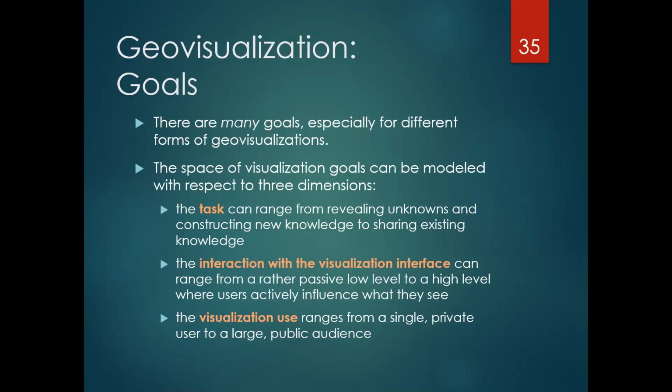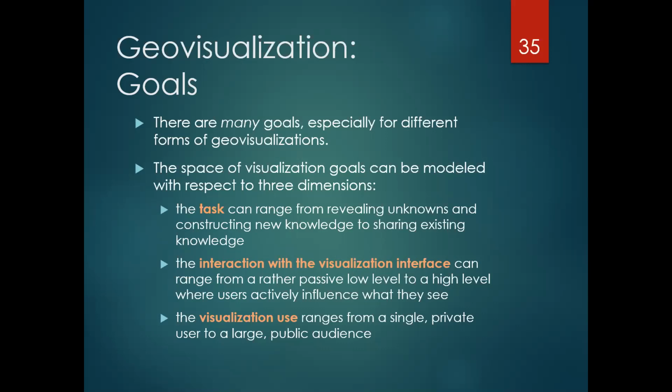The third dimension is the visualization use. It ranges from a single private user to a large public audience. What does it mean? It means that some visualizations are for yourself or for your research team, or for your own company, which means that the user is limited to a very small group of people or even yourself.